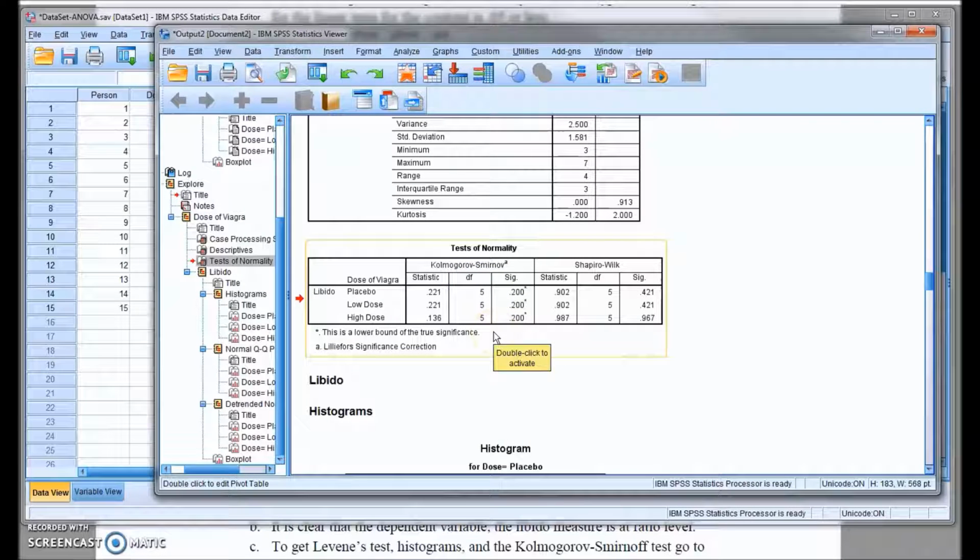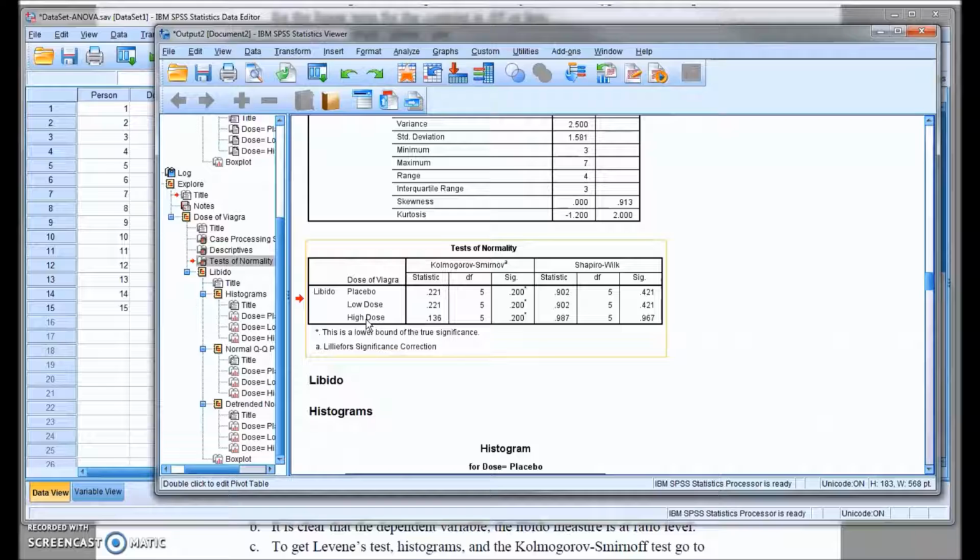So here is my KS value. The significance is 0.2, 0.2, and 0.2. That means for each of them it is greater than 0.05, so the normality is satisfied.